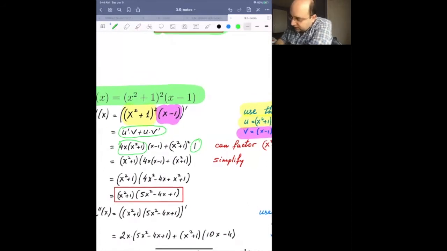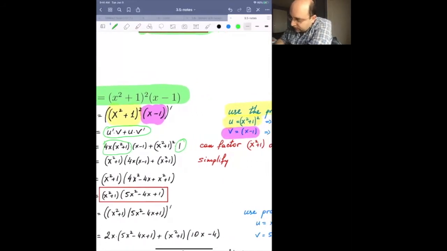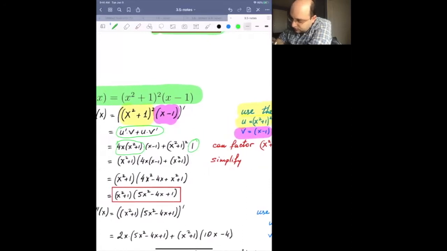So what do we do now? We can factor x squared plus 1 out, because both of these expressions have x squared plus 1. If I factor it out from the first term, I'm going to get 4x and x minus 1, so that's there. Plus, from the second term, I'm going to get x squared plus 1 squared.